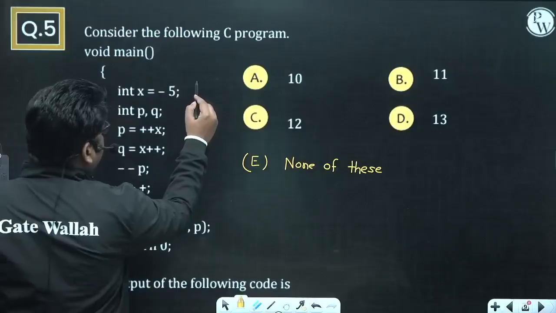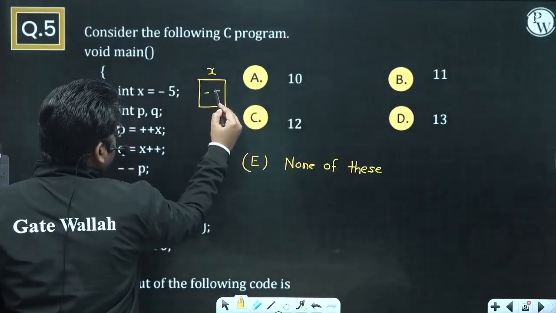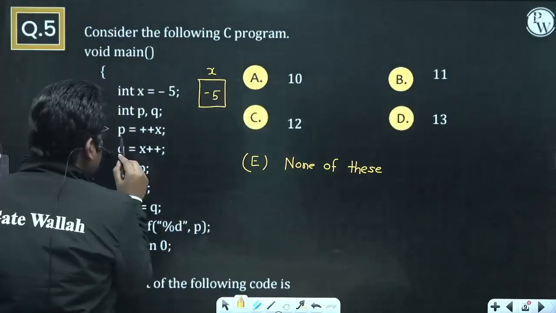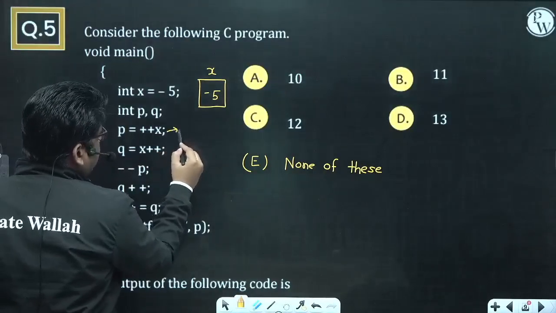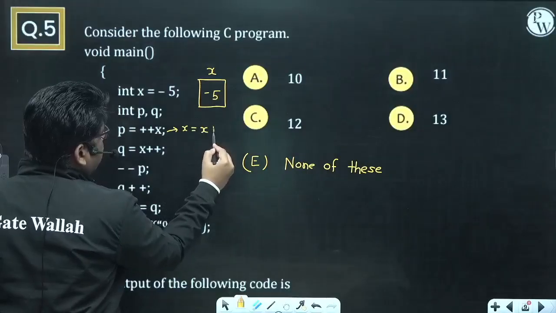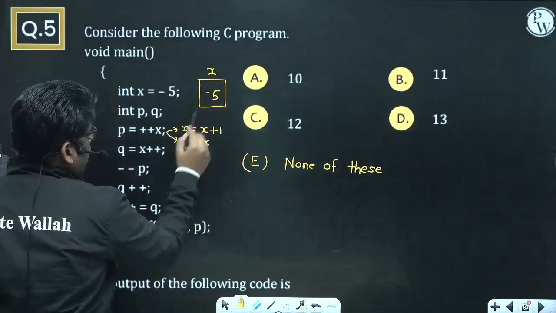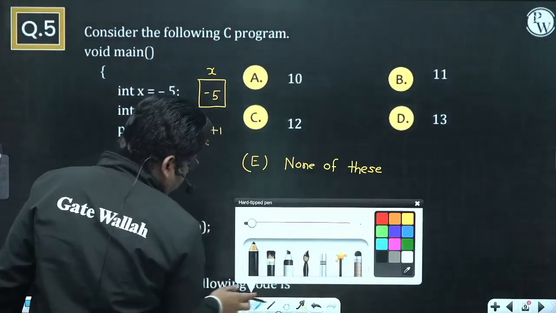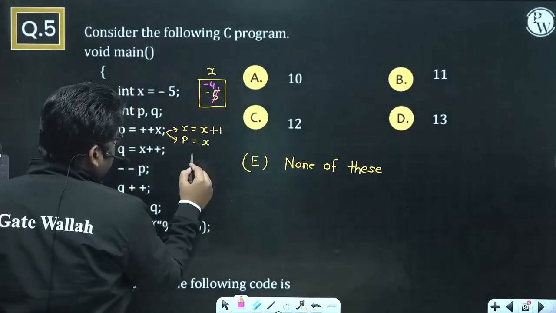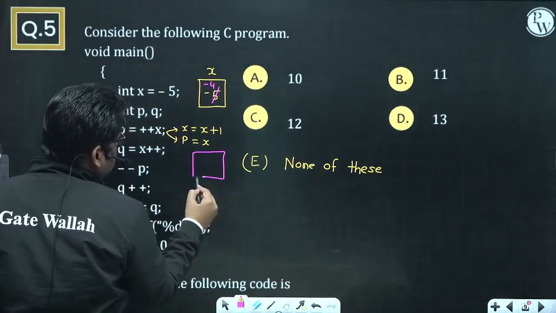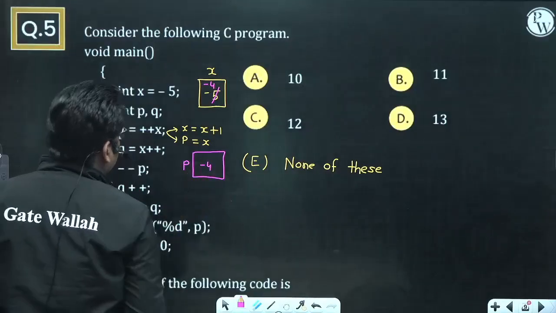See, the value of x is minus 5. We are saying p is equal to plus plus x. Because it is a pre-increment, first x is equal to x plus 1 will happen, and then p is equal to x will happen. So x is equal to x plus 1 will increase the value of x from minus 5 to minus 4, and p is equal to x means the value of p becomes minus 4.